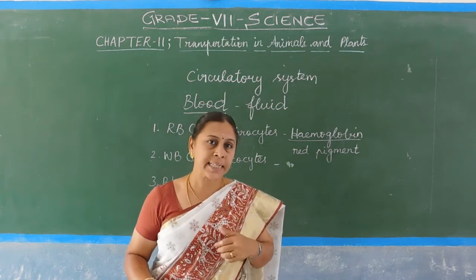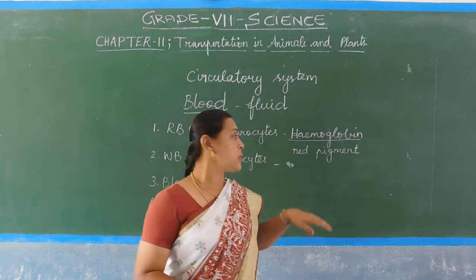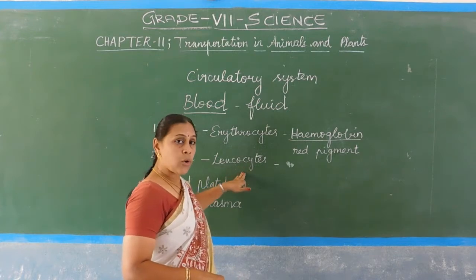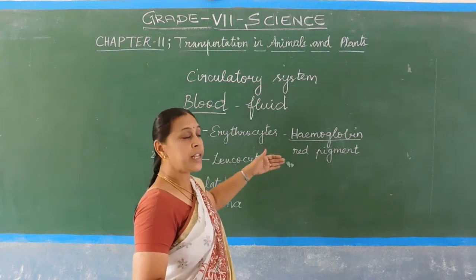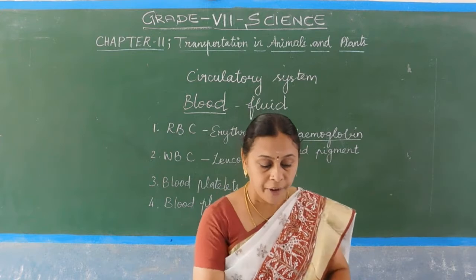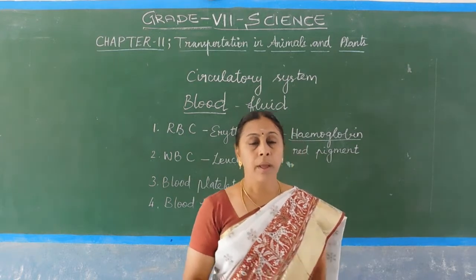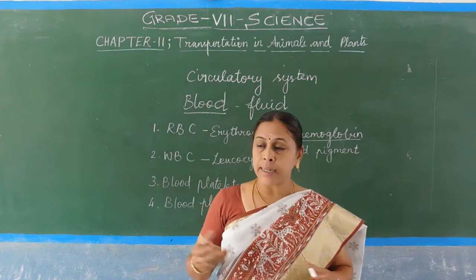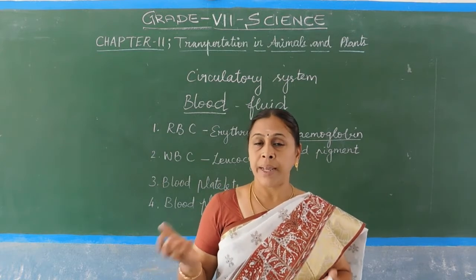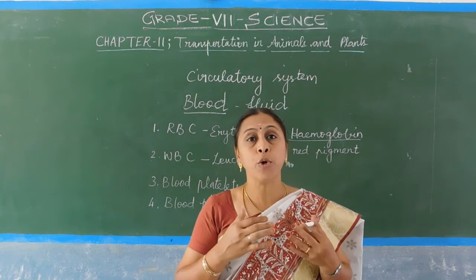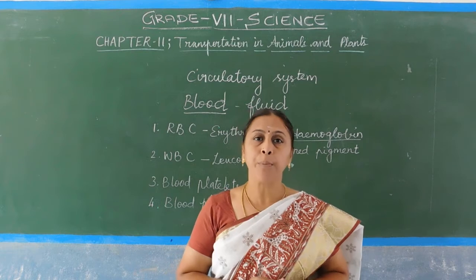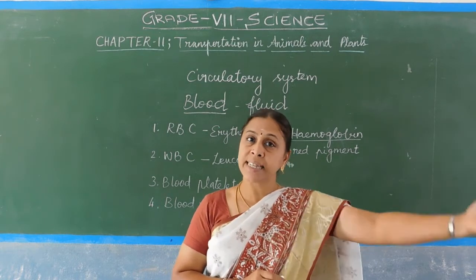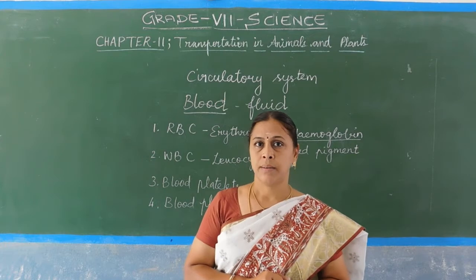It protects us. So WBC, otherwise called leukocytes, protects our body from the infections by various microorganisms by producing antibodies in our body. They help to produce antibodies which act against the harmful germs.